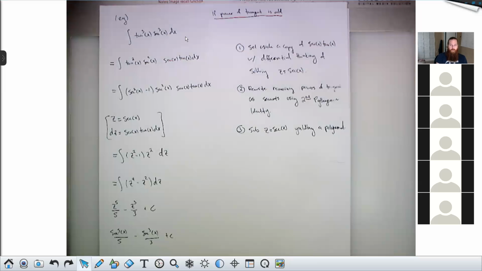Unfortunately, those two cases are not exhaustive. It's possible that the power of tangent is not odd and that the power of secant is not even. So first I'd like to take any technical questions here, any questions on the strategy, but then we're going to talk about this hard case. Questions on this problem?